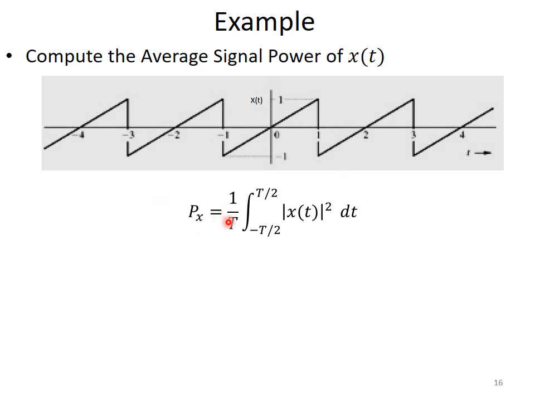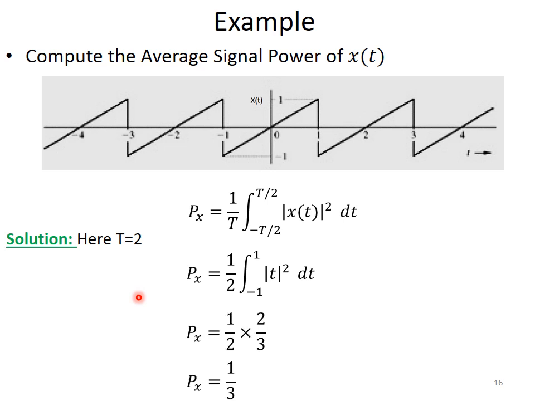So let us use this formula. Now 1 upon t, we know the value of t is 2, and the limit of the integral would be from minus 1 to 1, and x of t is simply equal to t. So substituting all these values here, we get power equal to 1 upon 2 integral from minus 1 to 1 of t square dt.